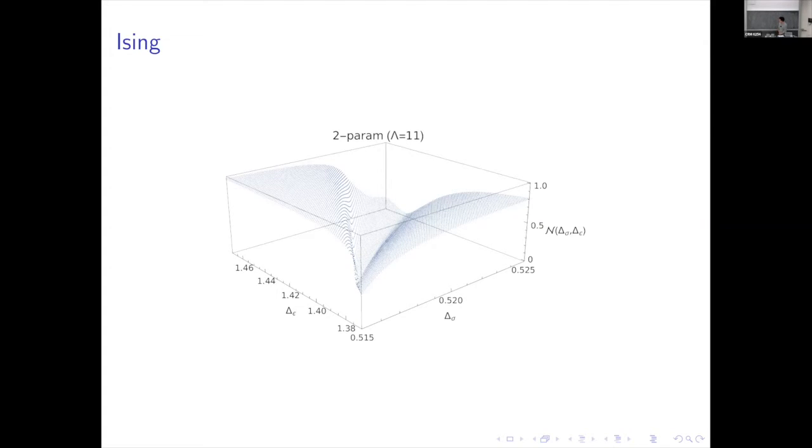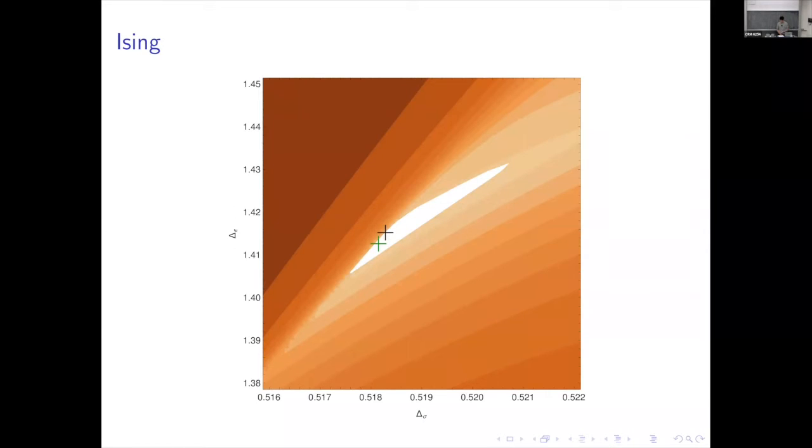And we see that it dips to close to 0 and maybe a bit below 0 at dimensions maybe 5.518 and 1.41. And if we zoom in on that region and we produce a heat plot, we get the following plot, where the white region is the region where the navigator function is negative.